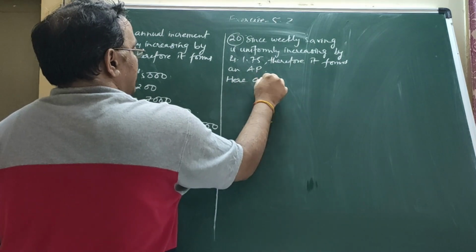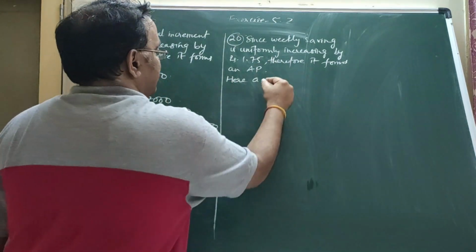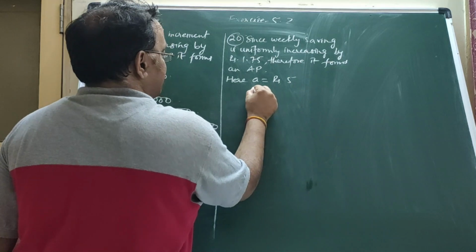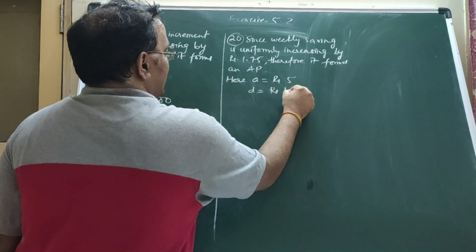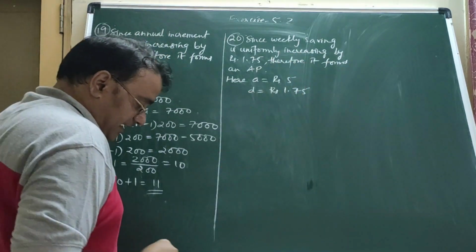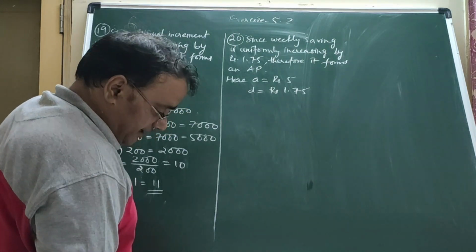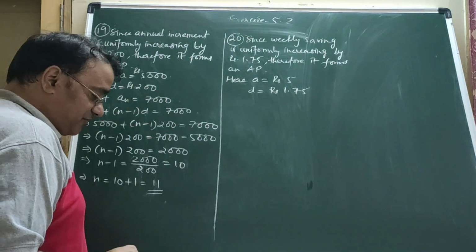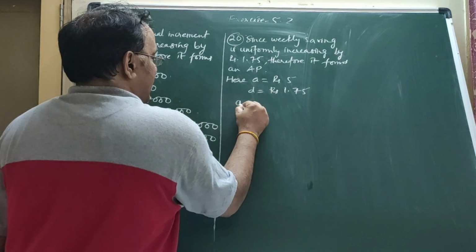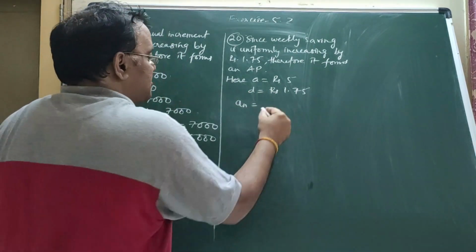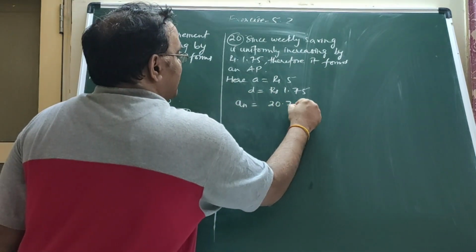So the first term, first saving is 5. So A is rupees 5 and D is rupees 1.75. Okay, and what we have to find, if in the nth week her weekly saving, that is AN, is equals to saving is 20.75.